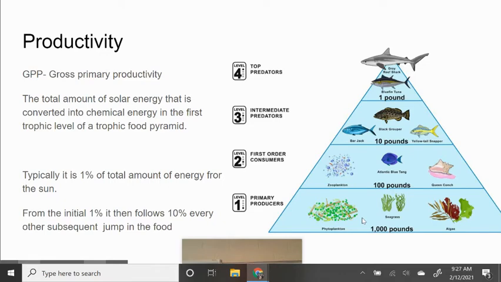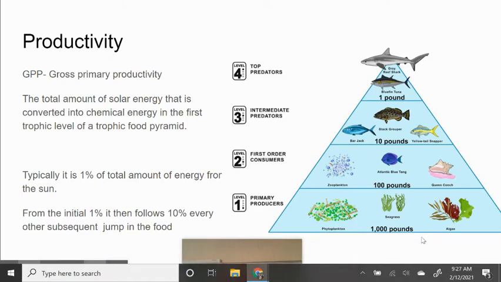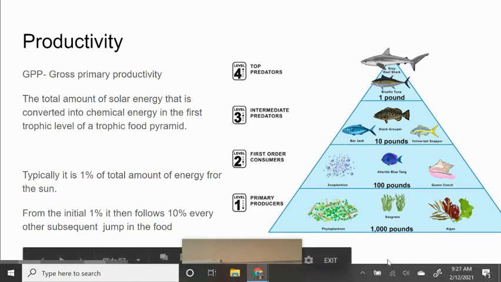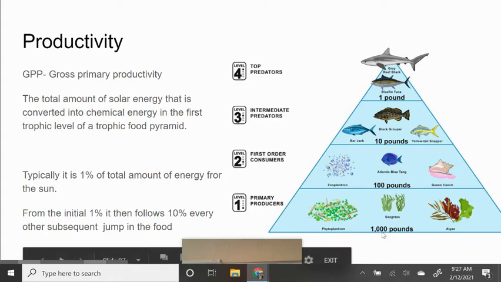The reason is that the amount of energy decreases as you go up each trophic level. So if we're talking about that first trophic level, only 1%. I don't know what 1% of 1,000 pounds of energy would look like.